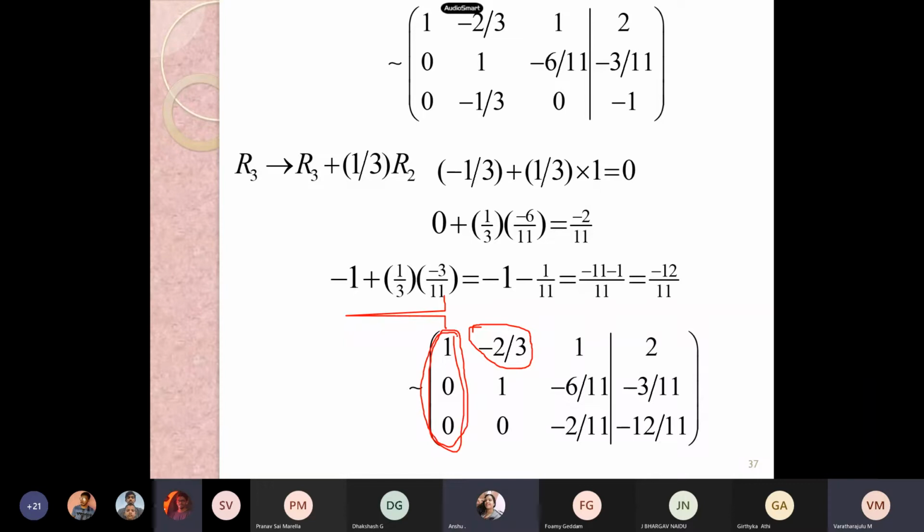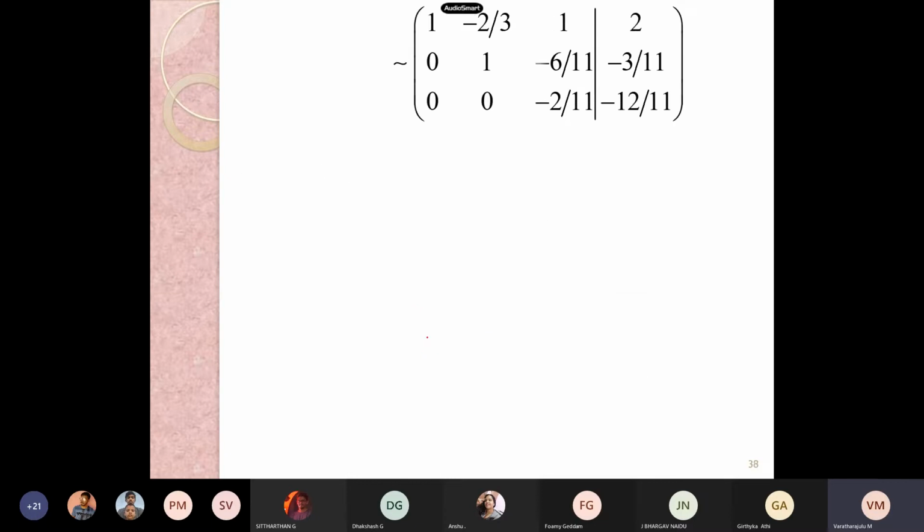Why? Because we are taking the pivot point from the second row. Yes, that is what we are interested in. Yesterday, I think Pranav asked why we are making this as 1 and the rest as 0. By making this 1 and doing the changes, these two terms are 0. And with the aid of the pivot, there won't be any changes in the first column. Okay, R1 implies R1 plus 2 by 3 R2.